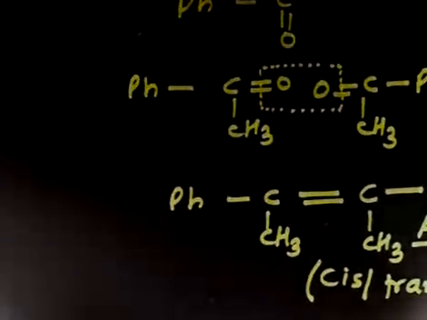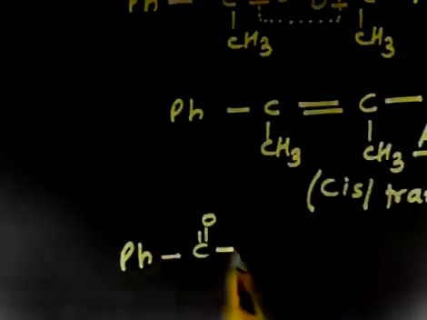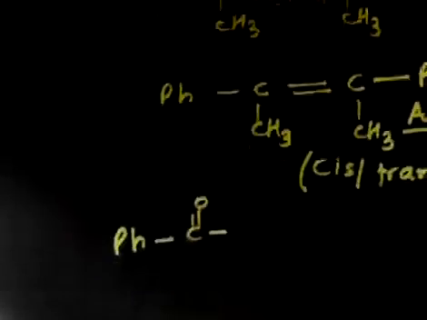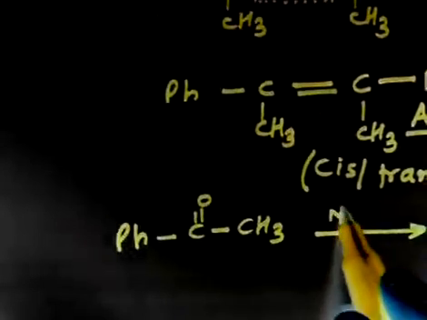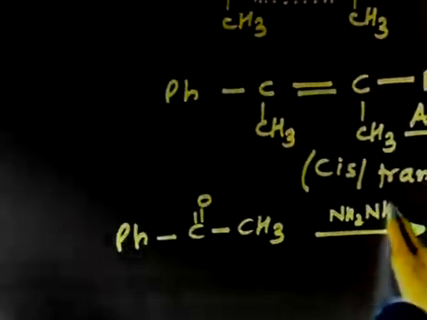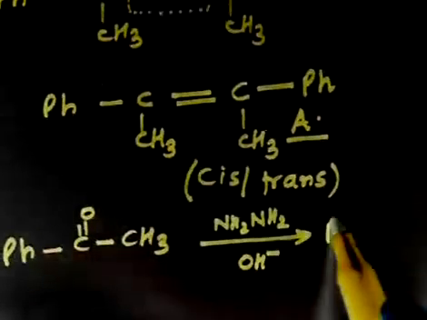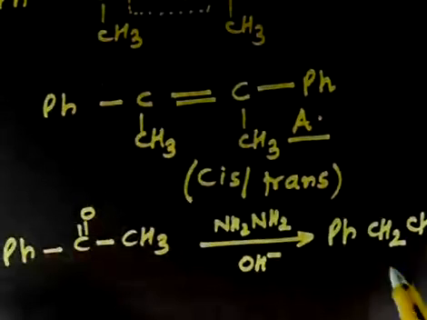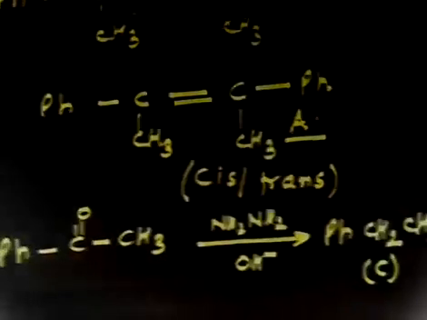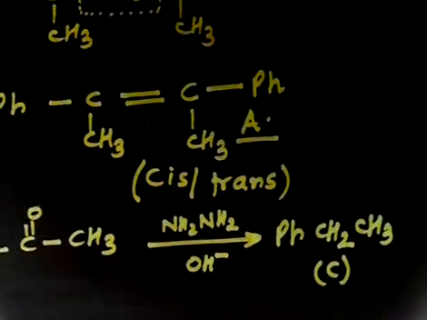So B is PhCOCH3, and if you do Wolff-Kishner reduction, that is NH2NH2 and OH minus, in that case you will have PhCH2CH3. So this is my C, and this is basically the Wolff-Kishner reduction reaction.